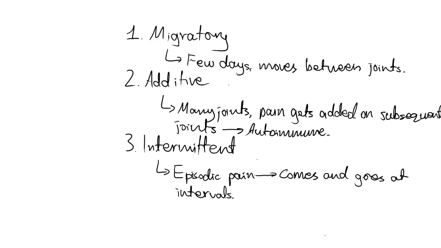So on this slide, we've looked at 3 different patterns of pain: migratory, which is when the pain moves around; additive pain, pain moves around, but the existing joints still remain with the pain that was initially there; and intermittent pain, which is episodic.